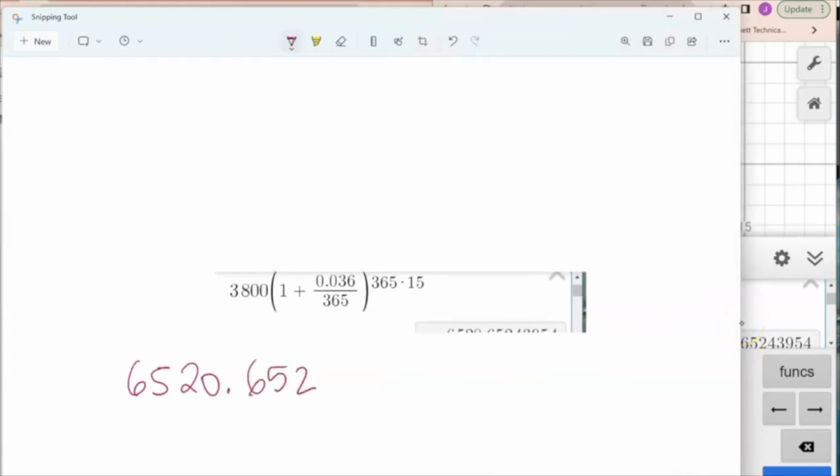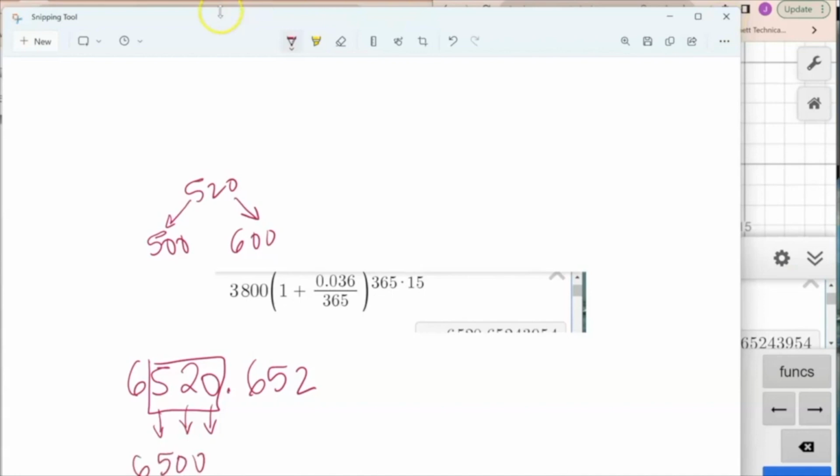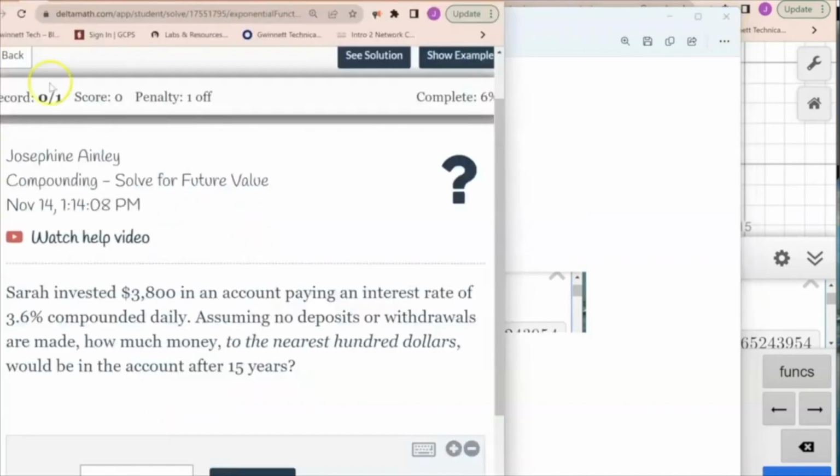Nearest $100. Again, this is your ones, your tens, your hundreds. So nearest $100, we're concerned about this number right here. We are between $500 and $600. Where is 520? Is 520 closer to 500 or is it closer to 600? So hopefully you said it's closer to 500. So that's going to be $6,500.